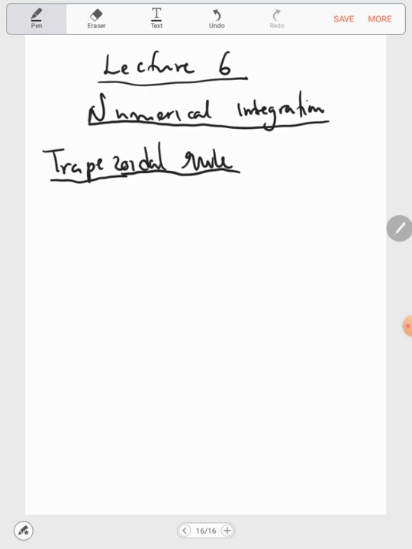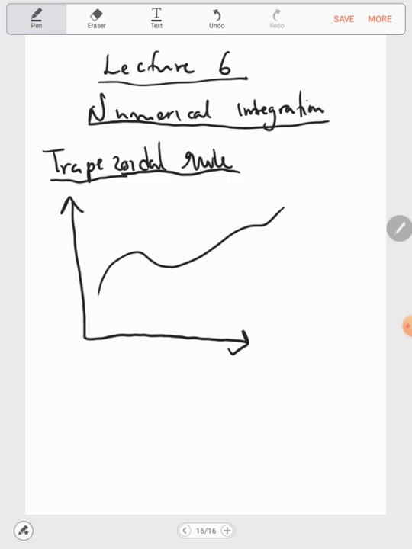So from the trapezium, that's how we came up with the trapezoidal rule. So let's have a sketch. Suppose we have a curve, and we want to find the area under this curve.